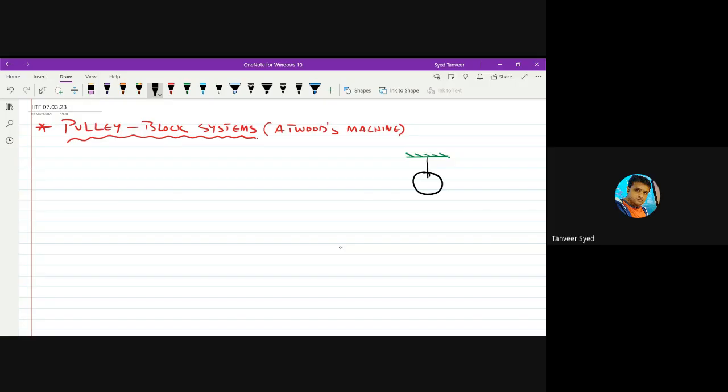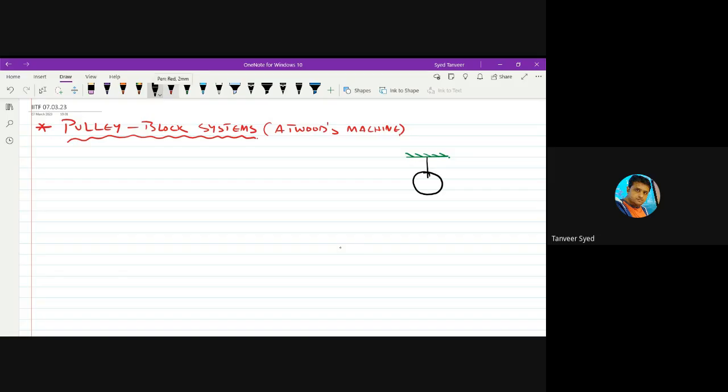A rope is tied to a bucket, and that rope is run over a pulley. And when you pull that rope, the pulley rotates, and it will be easier to lift the load. So pulleys are mostly used in lifting heavy loads easily with less effort.